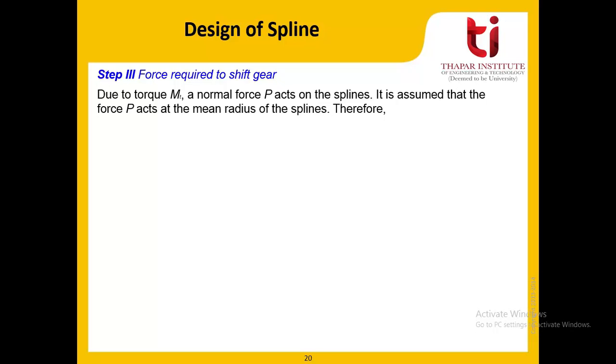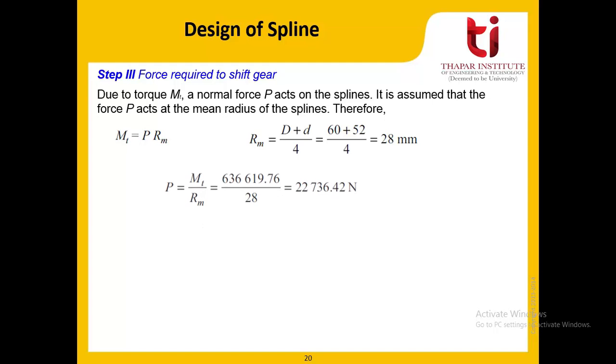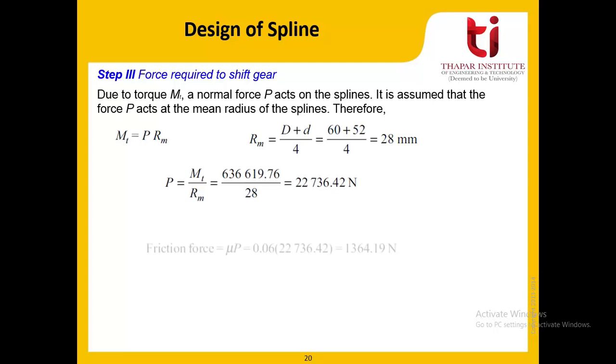Same way we can take MT is equal to P into RM, the force into RM. R is the mean radius which we defined earlier. So the force will come out to be 22.74 kilonewton.